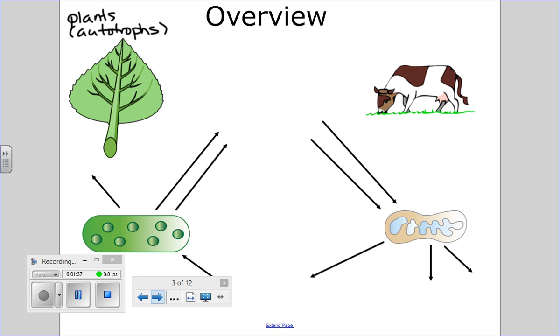So an autotroph makes its own food. Now plants and animals, which we could call heterotrophs, both perform cellular respiration. So I mentioned yesterday the picture was very specifically a cow and some grass, so that there was a plant and an animal on that side.